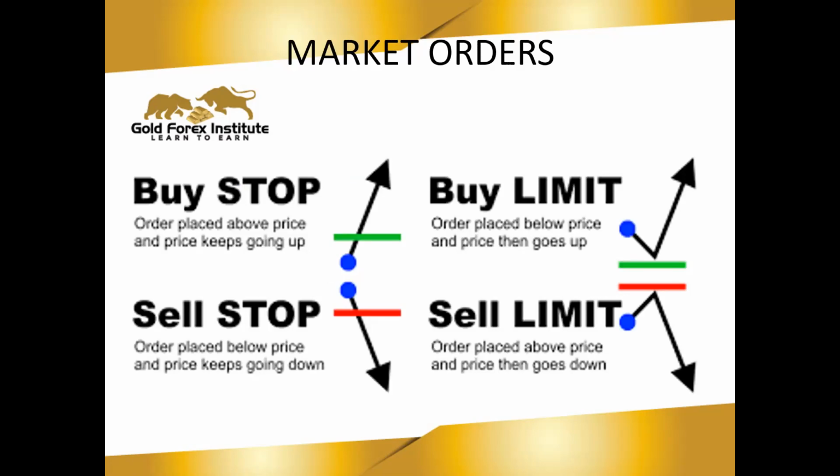We have the types of orders. We have orders and their types. So we have buy stop, sell stop, buy limit, sell limit, and then the market execution. These 4 types here are the conditional orders. They are orders that you predict that the price will get to this level, but then you will not be around to buy.